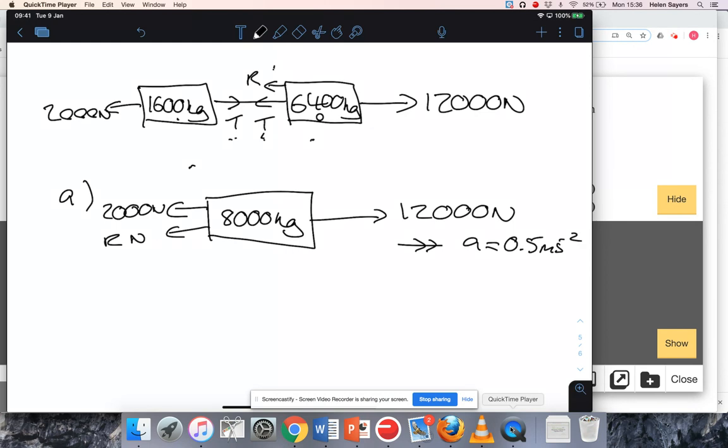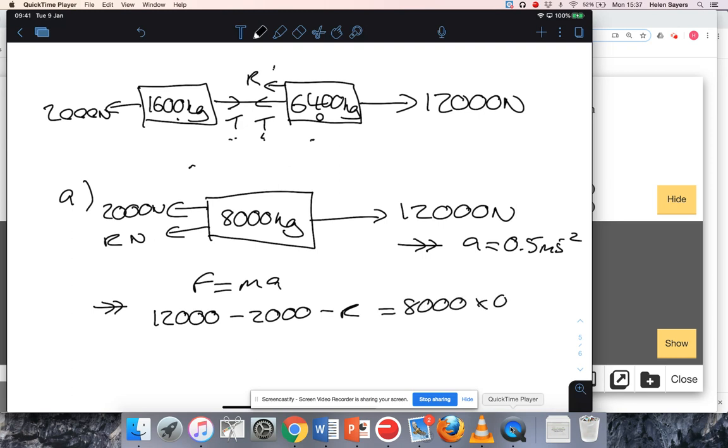Okay, so if I use F equals ma, taking right as positive, the total force is 12,000 newtons minus the resistive force of 2,000 minus the resistive force of R, and that's going to equal the total mass of the train times the acceleration.